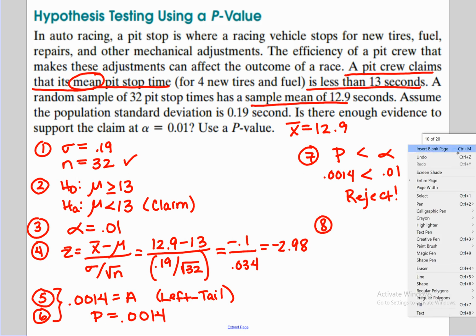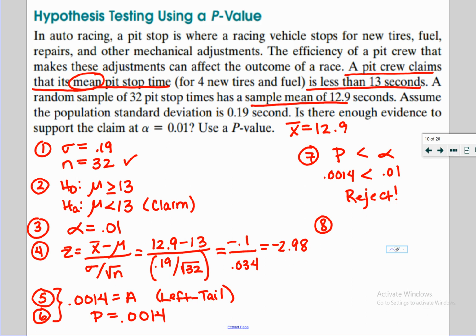At the end, then, we summarize, and this is important. The lesson on Monday that you guys watched the video of, there was a decision chart that had to do with what the claim is, and whether it's the null or the alternative, and then whether your decision was to reject or not reject, and then how you phrase or summarize the statement at the end.